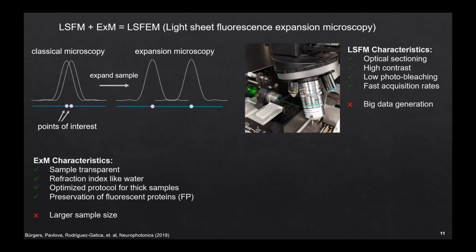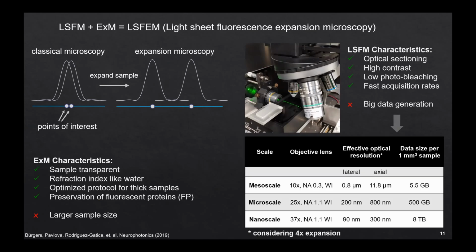The only problem is that because we have a bigger sample, we will generate big data if we want to take everything with the highest resolution. In this table, we can see at the very end that if we want to acquire 1 cubic millimeter with the best resolution that we have in that light sheet, a custom built setup with an effective resolution of 90 nanometers after expansion, you will be generating about 8 terabytes of data in only one channel.